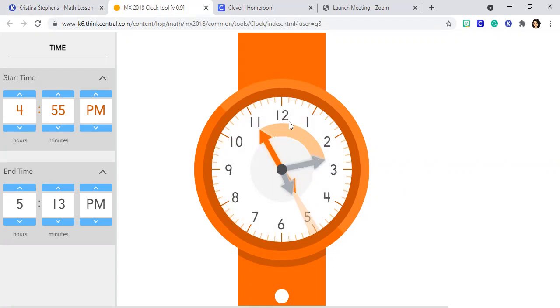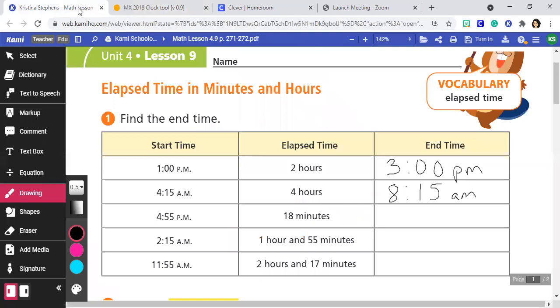And here we've got the minute hands that represent the 18 minutes of elapsed time. So it went from 4 o'clock to 5 o'clock. And the new time is 5:13 p.m. Okay, let's take a look at the next one here.